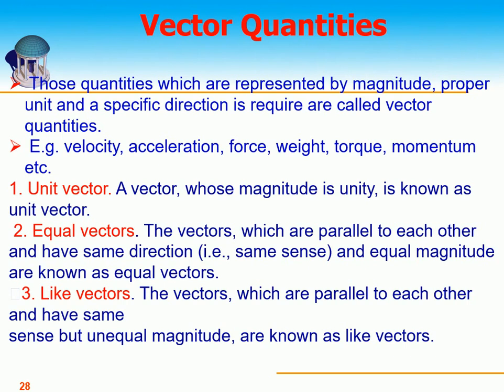For example, you have a vector i plus j plus k and another vector 2i plus 2j plus 2k. These are the same vectors, just one is multiplied by a magnitude of 2, or the first is divided by 2. So these vectors are parallel to each other, with unequal magnitude but in the same direction.